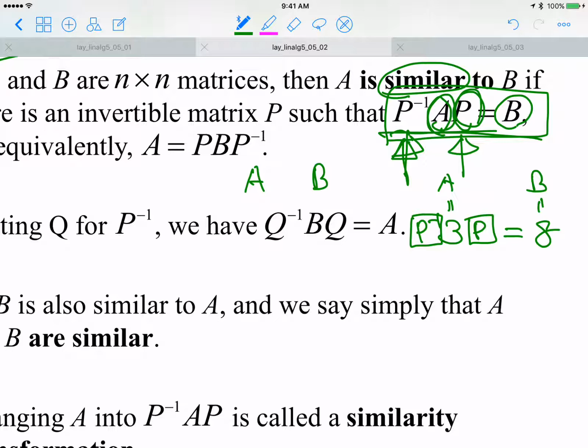Can we find P? Can anyone give any possible value for P that satisfies this? First of all, P is just a scalar, okay? P is just a scalar. And what would be the value satisfying this? 8?